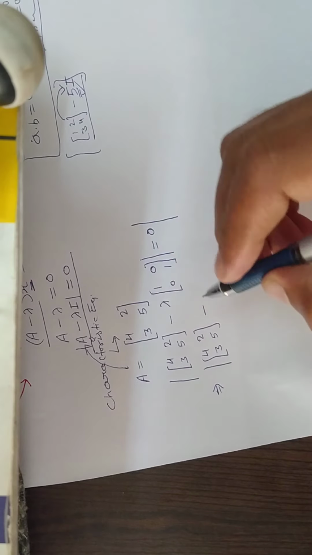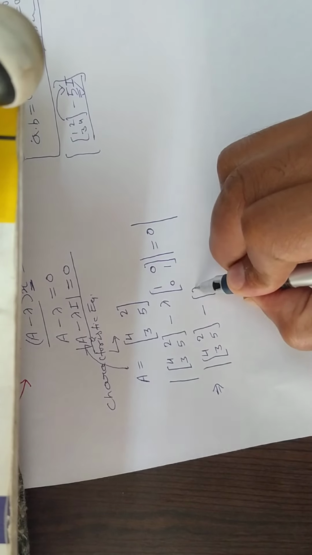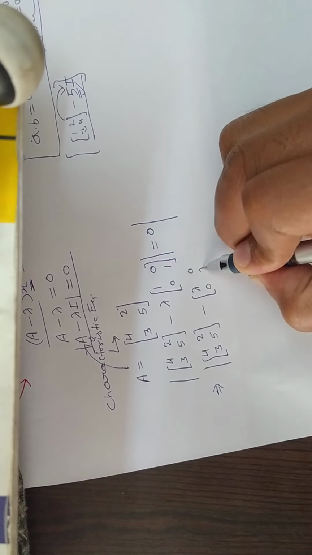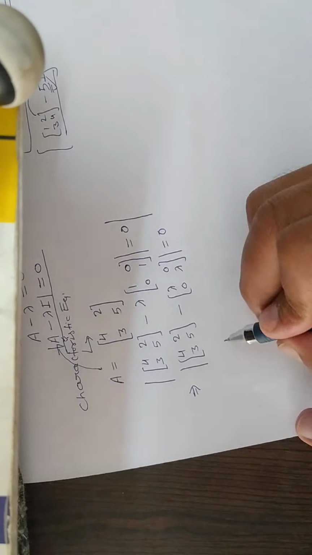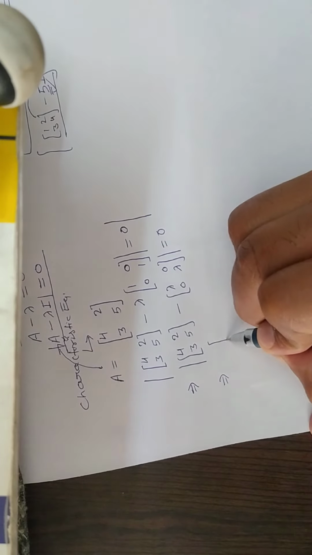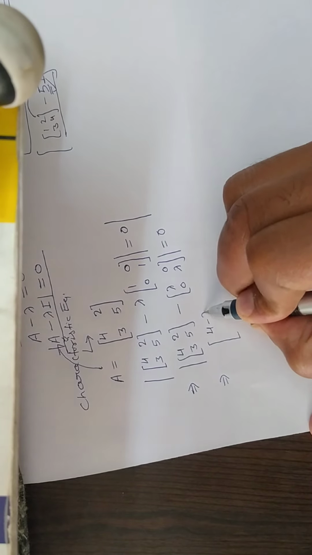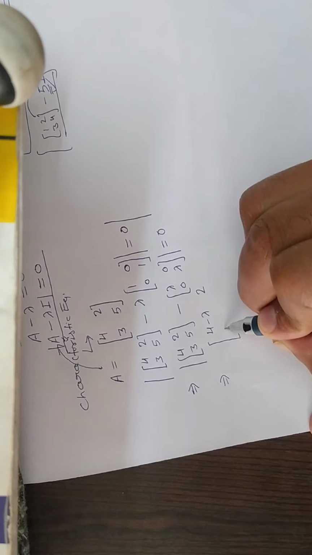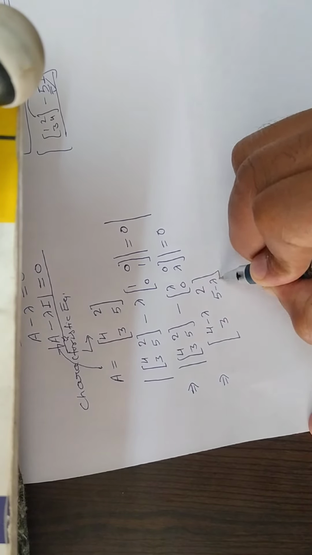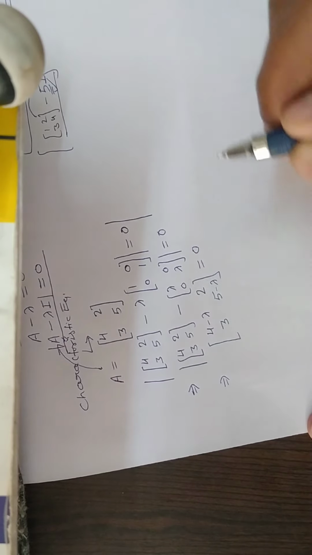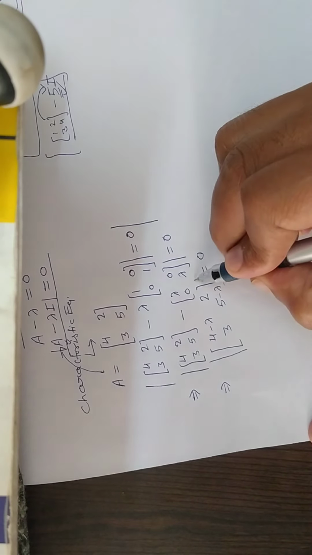So lambda times the identity gives lambda, 0, 0 and lambda. It is equal to 0. Now subtract this value: 4 minus lambda, 2, 3 and 5 minus lambda, and the determinant of this matrix equals 0.